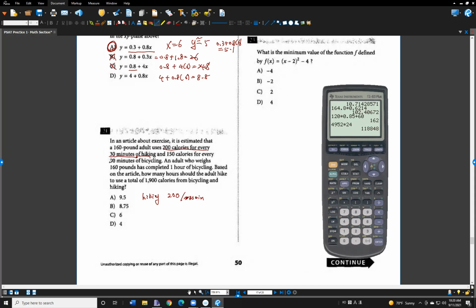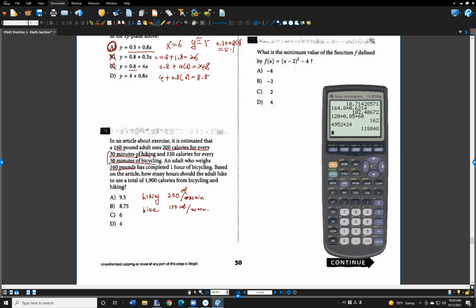And another one, biking, is 150 calories, also for 30 minutes. They spend energy in calories. An adult of the same 160 pounds, that's fine.